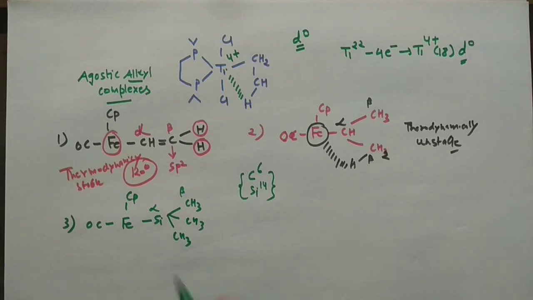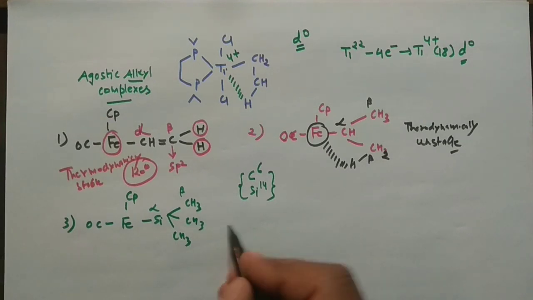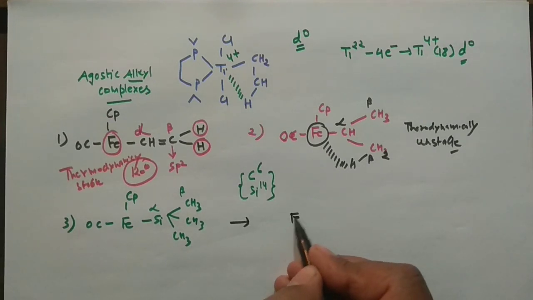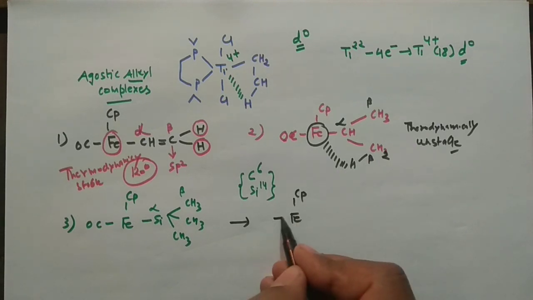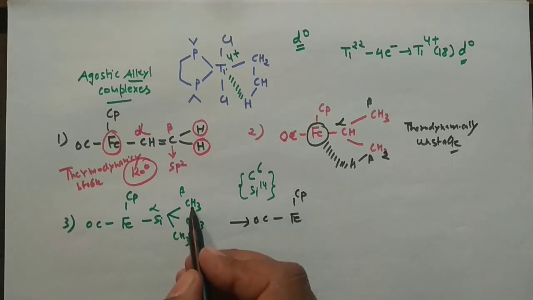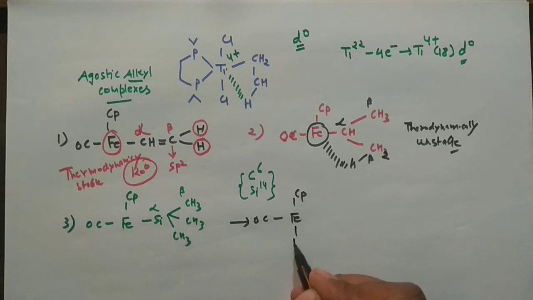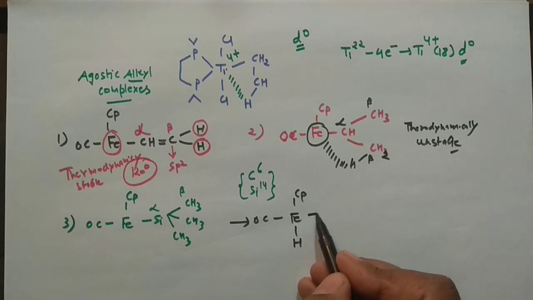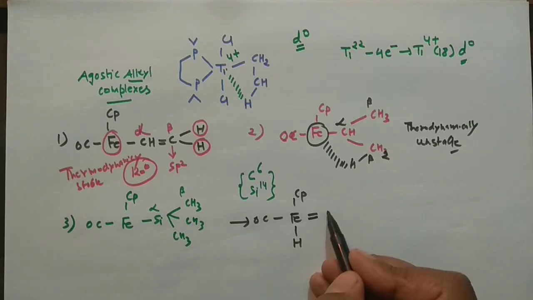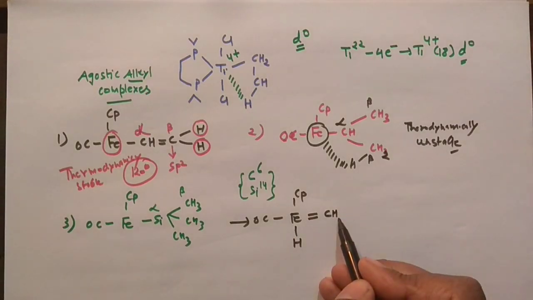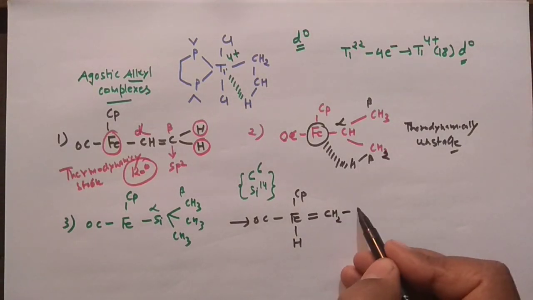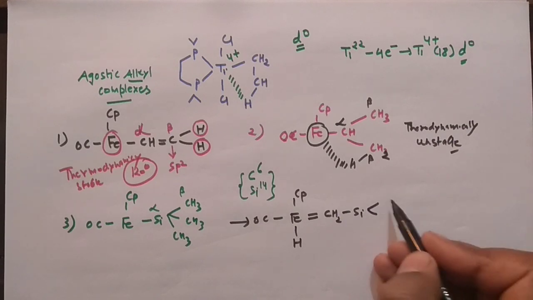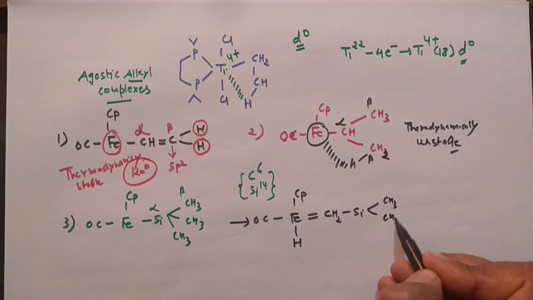But silicon is there. See, if you do the beta hydride elimination reaction in that case, say for example, if you remove this from here, what situation can you have? You can have Fe, Cp, CO over there. Now if one hydrogen would eliminate, it will come here, and this iron has to make a double bond with CH2, right? And then your silicon, which is having CH3, CH3.